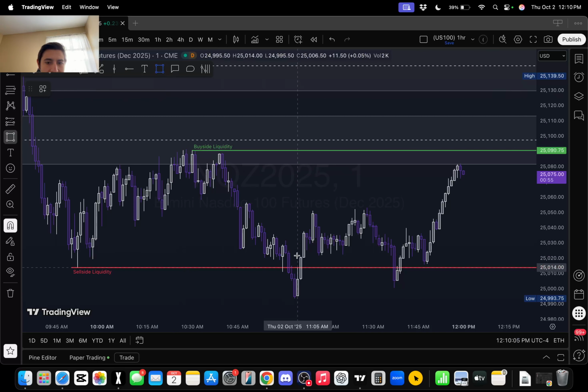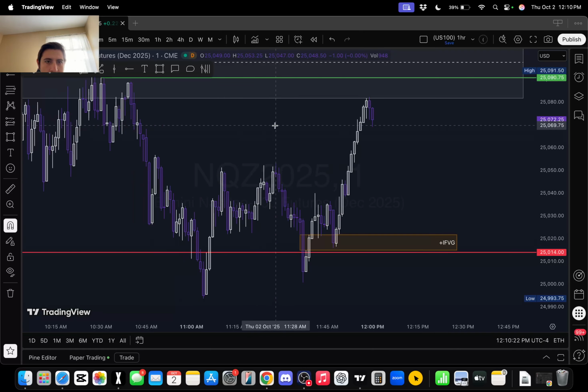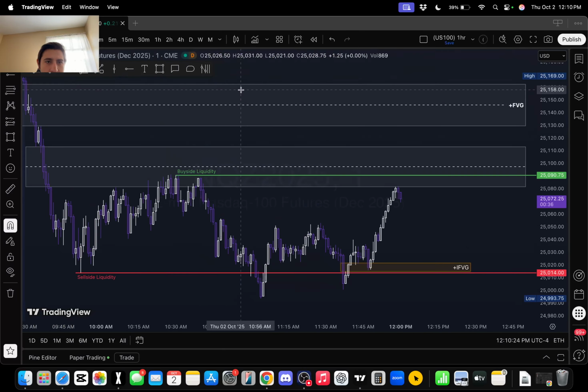And you can see here, fair value gap, with an inversion here, into that buy side pool.